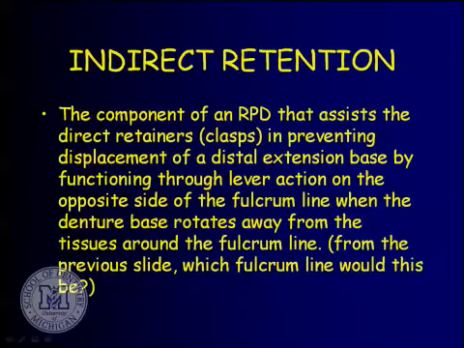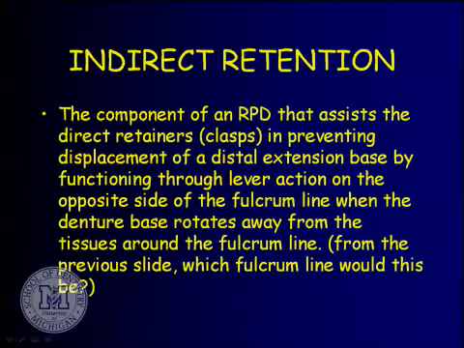And at least according to the record, as much as we can believe the record, the provider at the time said things fit well and everything was okay at the time it was delivered. You now are the poor sucker who's doing the recall a year later and you're cleaning their teeth or doing whatever, and you try this class 3 partial denture in, and it seems like it rocks quite a bit. It just doesn't fit on the teeth very well.